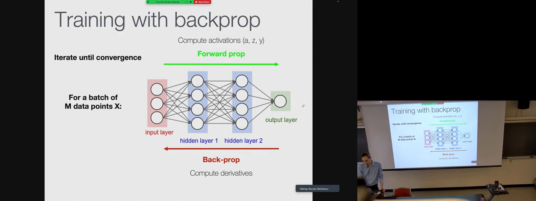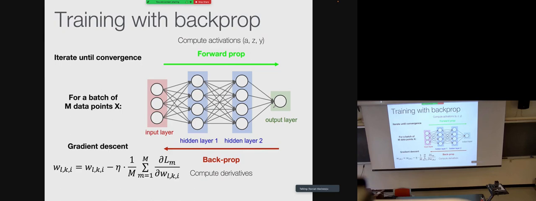So here will be our loss function. We go back and we compute the derivatives of the loss with respect to these weights. So not with respect to the input. You can also do it with respect to the input, but with respect to the weights, each of these edges in the graph will have a gradient.